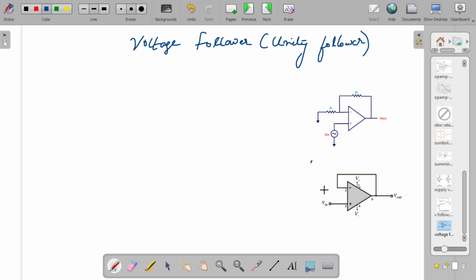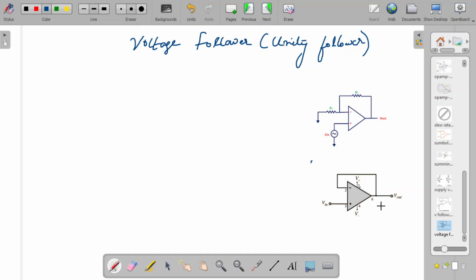You don't have the resistor R1, that is removed, and you don't have the resistance RF, but instead the output voltage is directly connected to the input. Since there is a direct connection between the inverting input and the output terminal, we can call this 100% voltage series feedback.